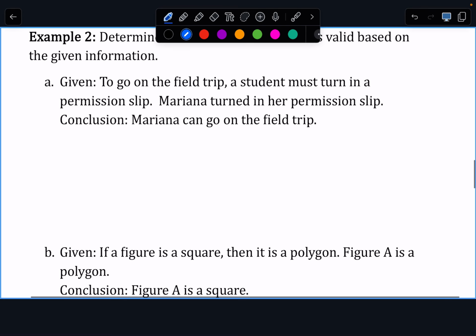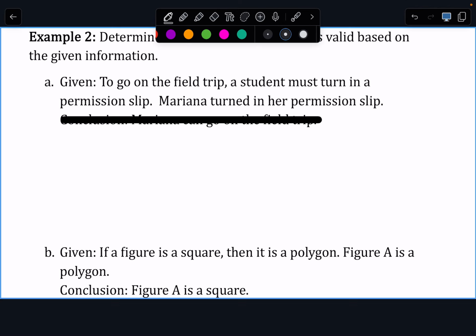Right now we're not even going to look at this right here, okay? Let's look at what we're given. To go on a field trip, a student must turn in the permission slip.